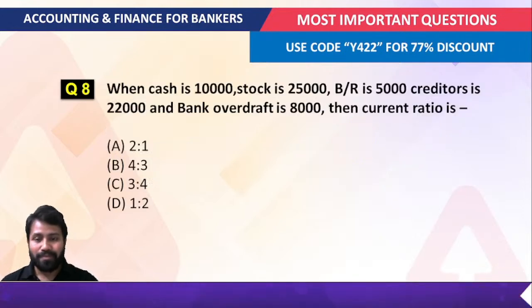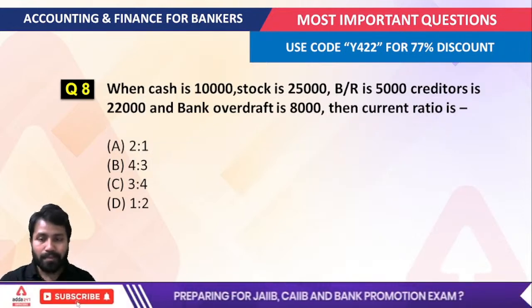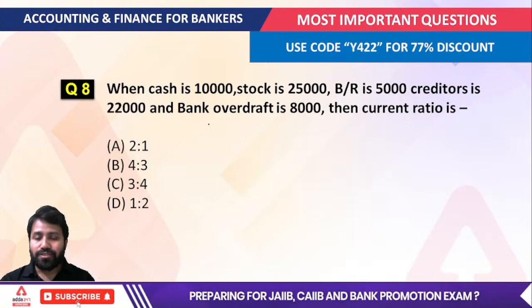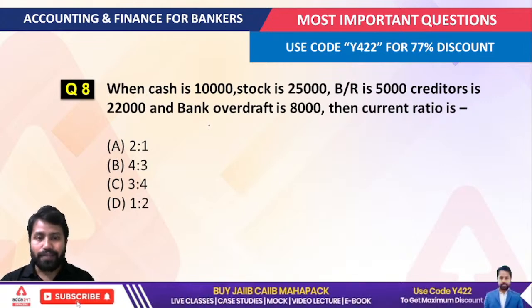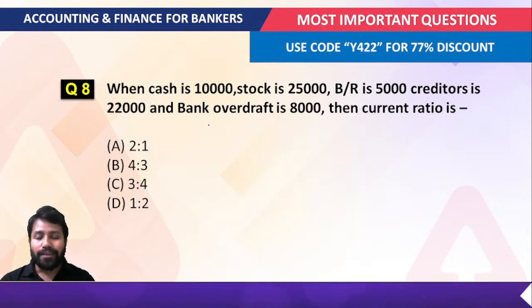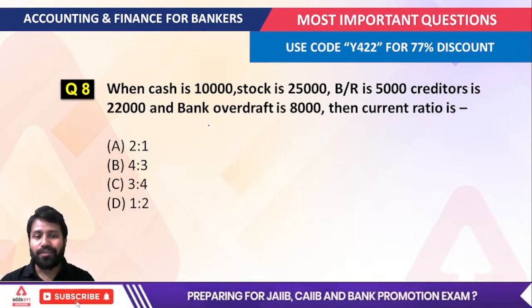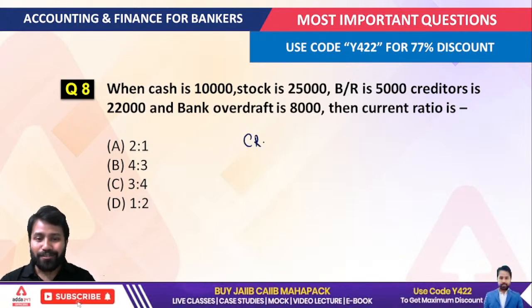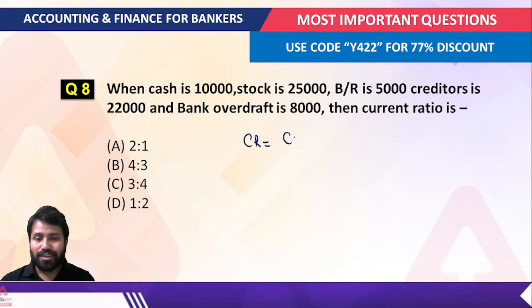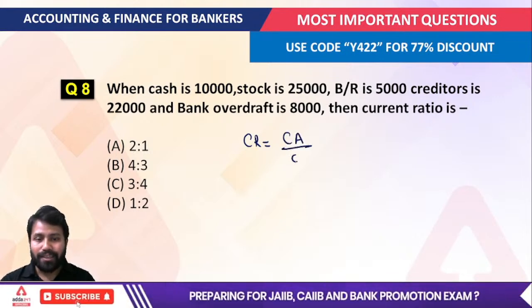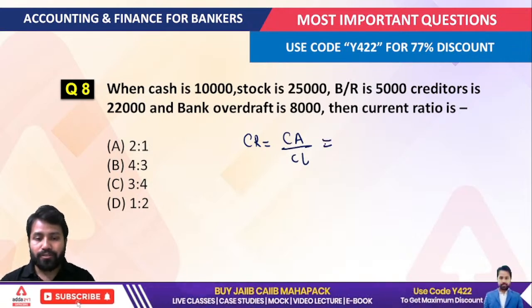Next question. Cash is given as 10,000, stock value is 25,000, bills receivable is 5,000, and creditors and bank overdraft are given. So what is the current ratio? Whenever you get a question on the current ratio, just write down the formula: current assets divided by current liabilities.